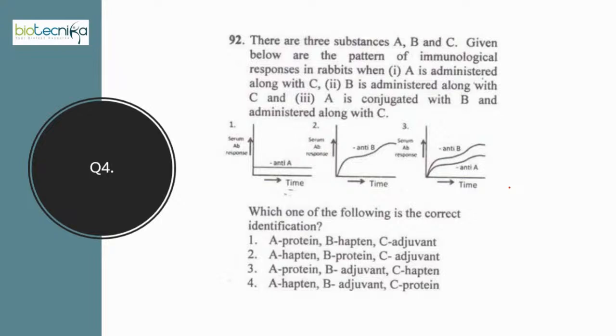I hope everyone has understood the definitions of these. If you have any doubt, you can ask me. This is a live session, right? So you can clear your doubt. Why am I giving you these explanations and definitions? Because many of you skip this immunology section. But what I always suggest is, don't skip it.